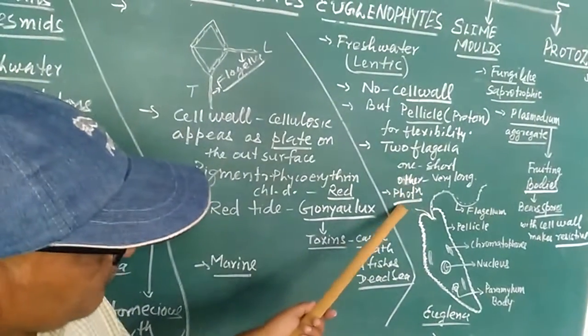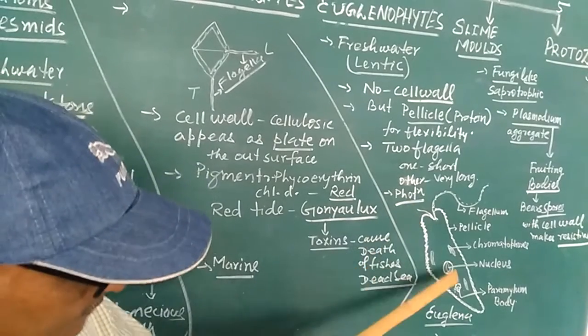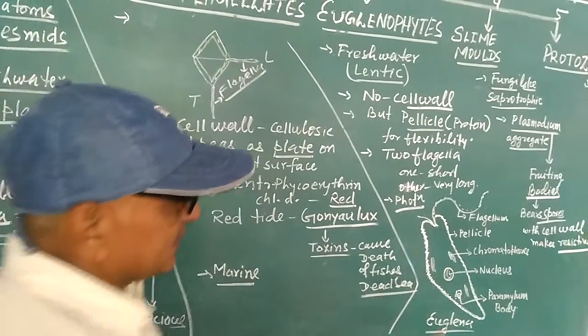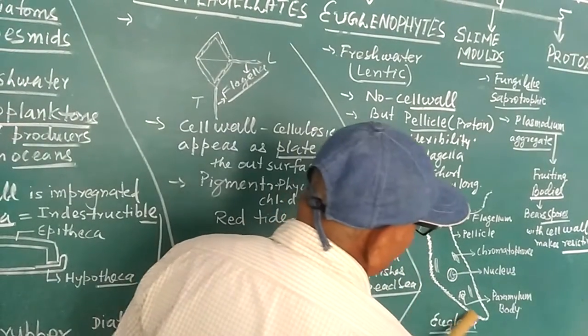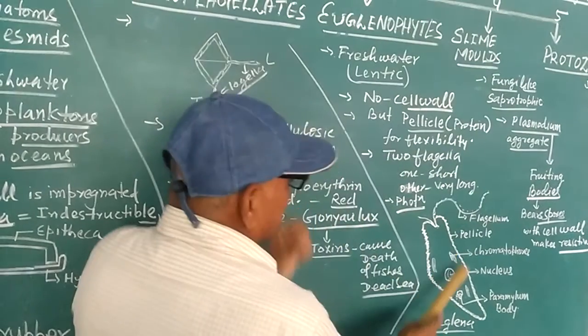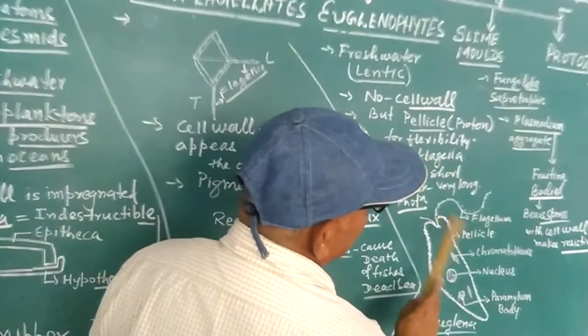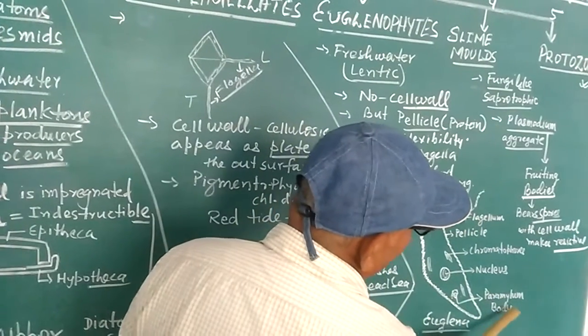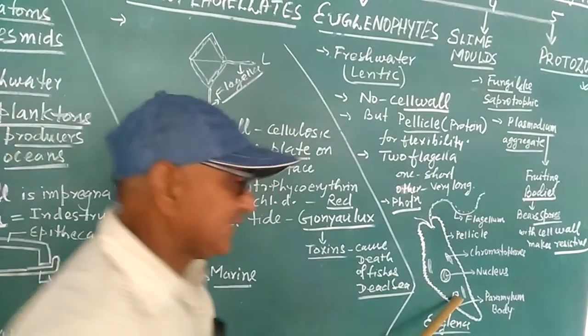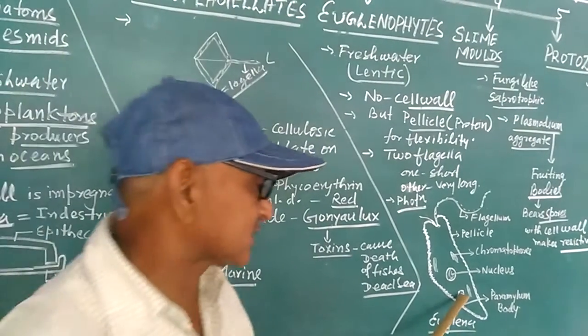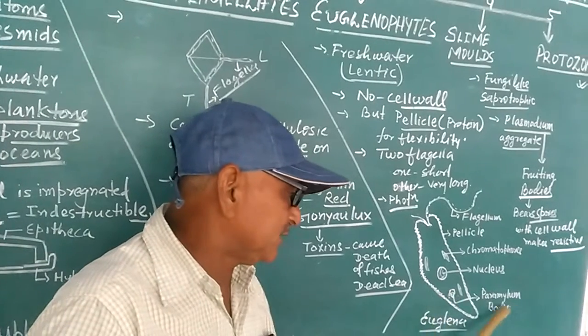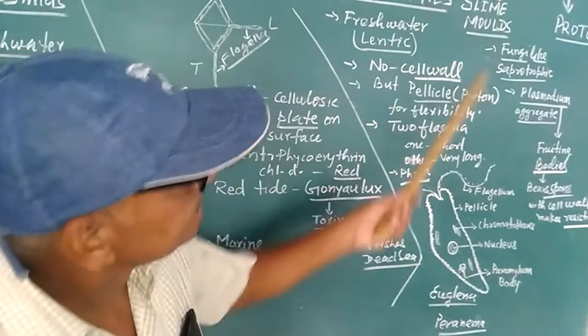In the diagram you will draw the nucleus, chromatophores, pellicle, flagellum, and paramylum body. Sometimes a question is asked: paramylum body is a reservoir material.